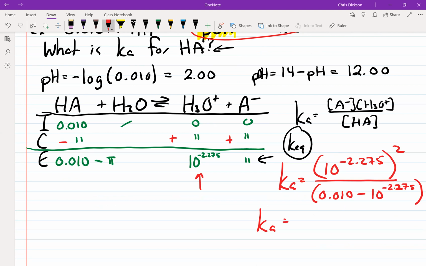So let's see, 10 raised to the negative 2.275. I'm going to square that and divide it by 0.01 minus 10 to the negative 2.275. Okay, that wasn't good. Okay, so let's do it again.